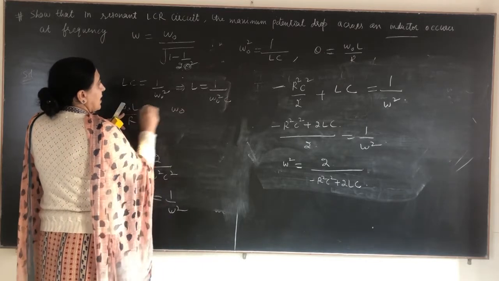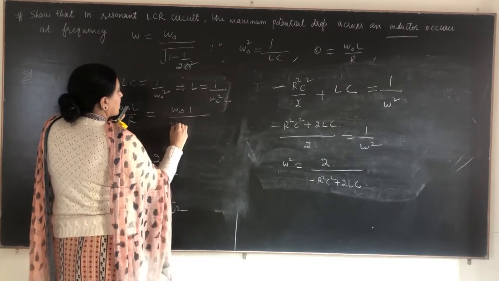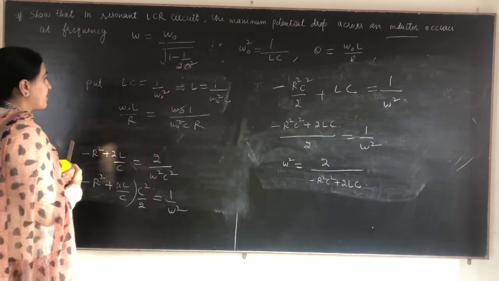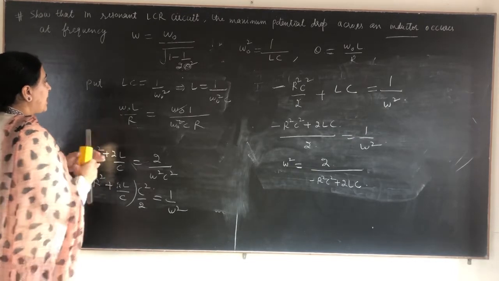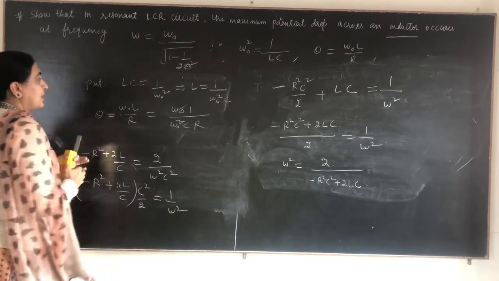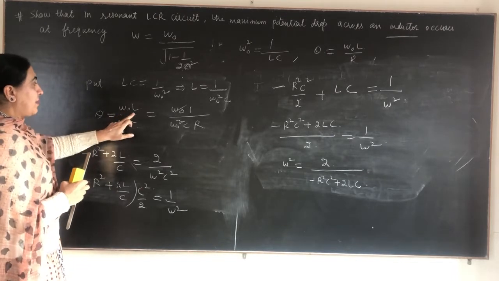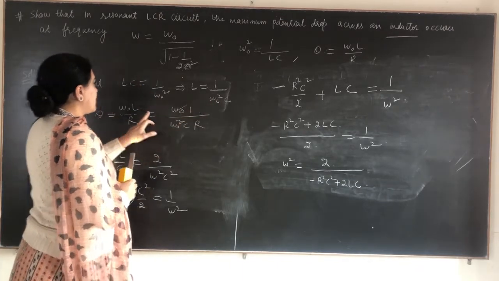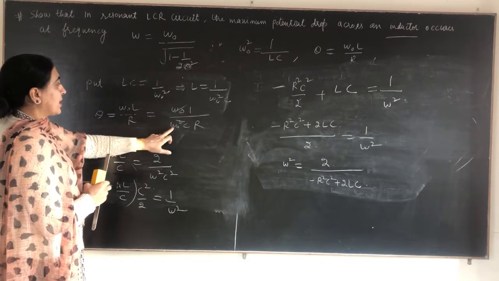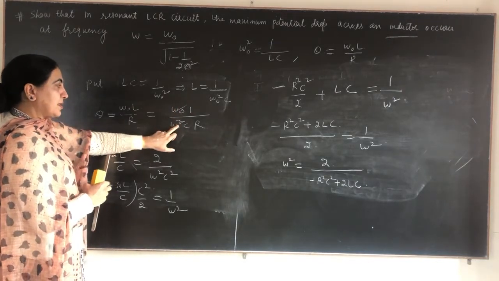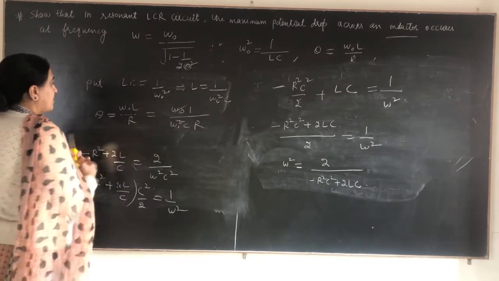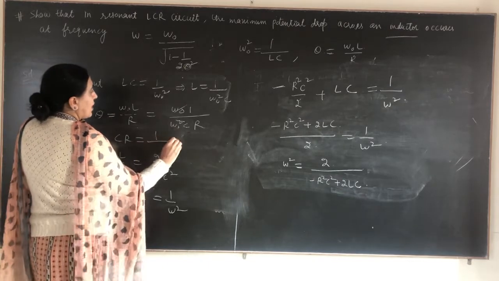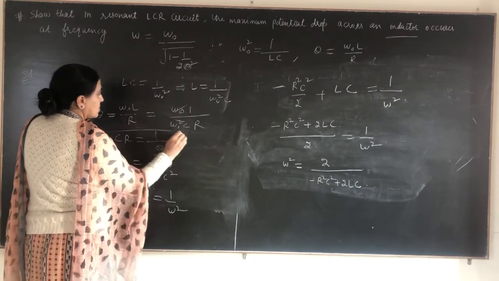Q is omega naught L by R. Put the value of L is equal to 1 over omega naught square C. So omega goes with omega, and we get omega naught CR. So the value of CR is equal to 1 over Q omega naught.